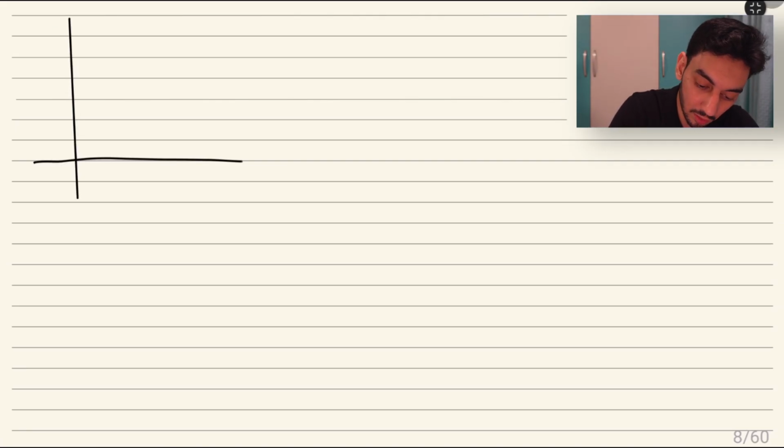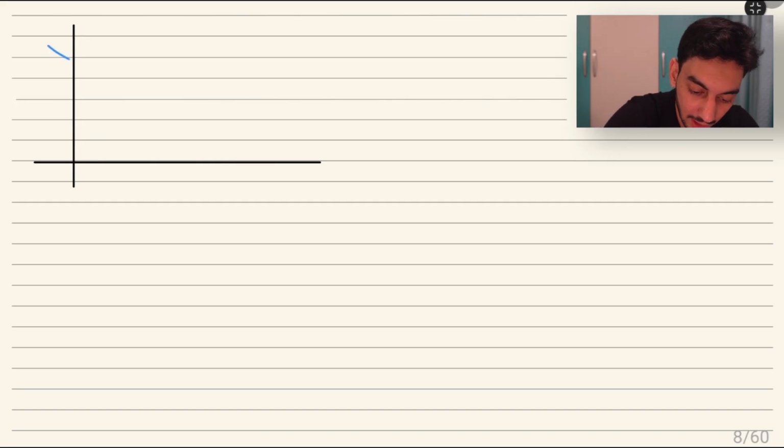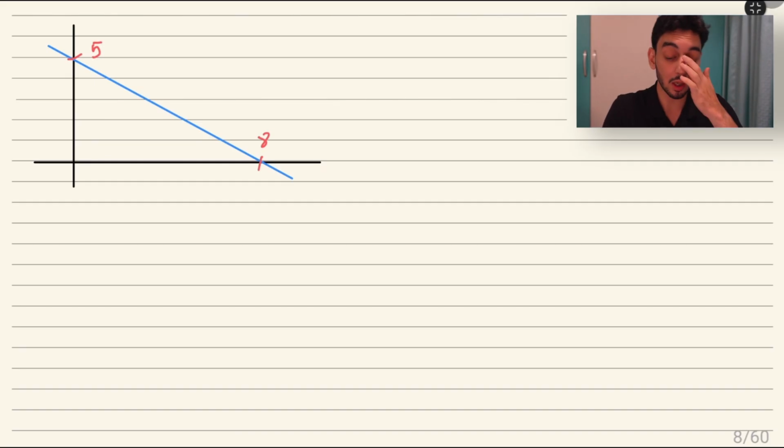Let's say on the x-axis this thing is 8, and this thing on the y-axis is, let's say, 5. I don't really feel like using the double intercept form, although I can use it. So what do I do?